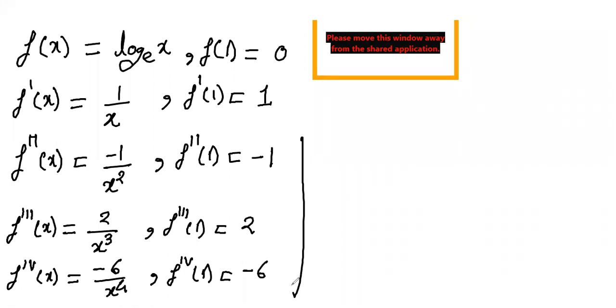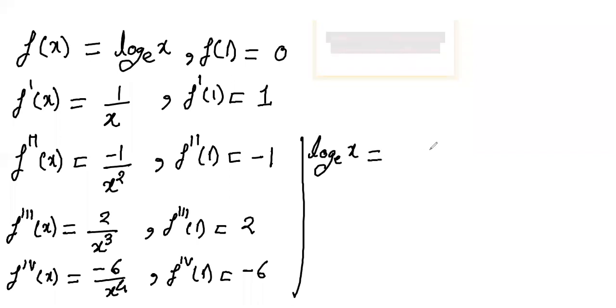Okay. So then our expansion of log x around x minus 1 will be f of 1, which is 0. So next is x minus 1.